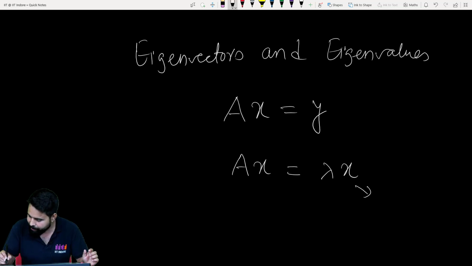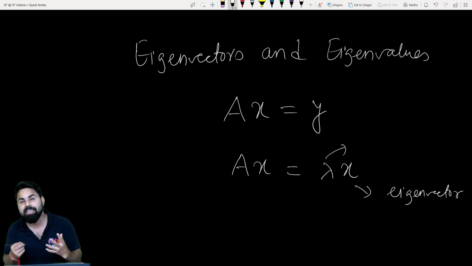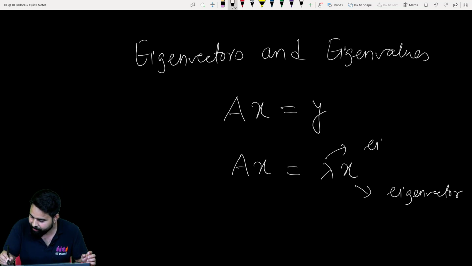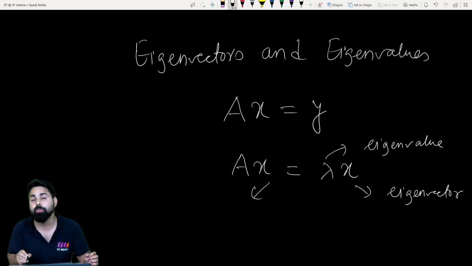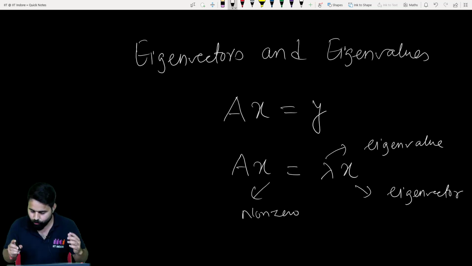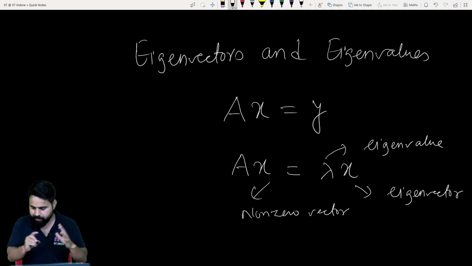And the corresponding scaling factor we will call the eigenvalue. Very simple definition. By the way, there is one more thing: this x has to be a non-zero vector, so at least one of the entries has to be non-zero, not all entries can be 0.